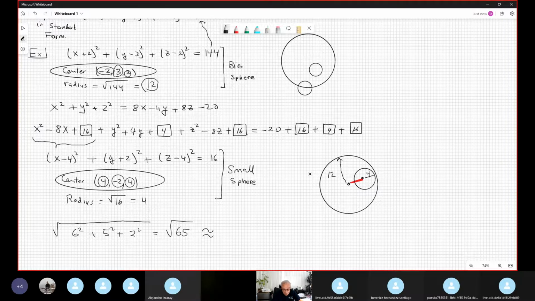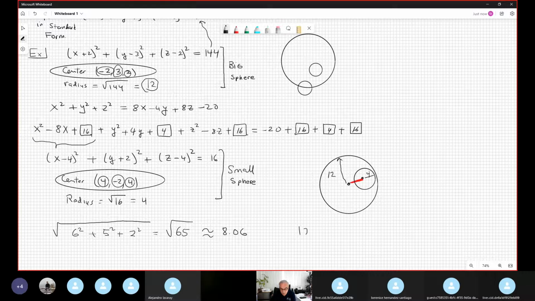And the decimal approximation is important, guys, because you have to have a geometric idea, and square root 65 is not clear for me. This is 8.06. Okay, that's the basic. I need to prove somehow. Suppose the hypothesis that the small sphere is completely inside the big sphere.